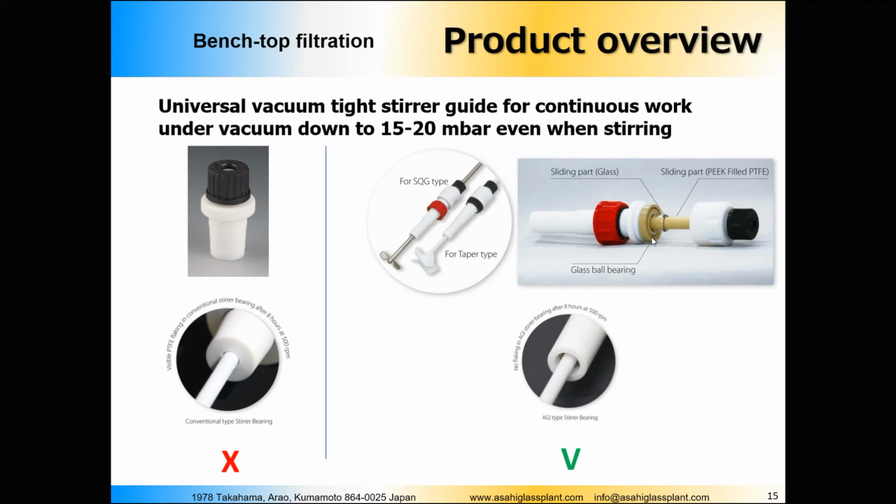That's really a piece of art, I would say. So when you are talking about a process under vacuum, you will definitely need this kind of stereo guide. And if you don't want any PTFE dust inside your reaction mixture or slurry, then you will again have to think about this kind of stereo guide.